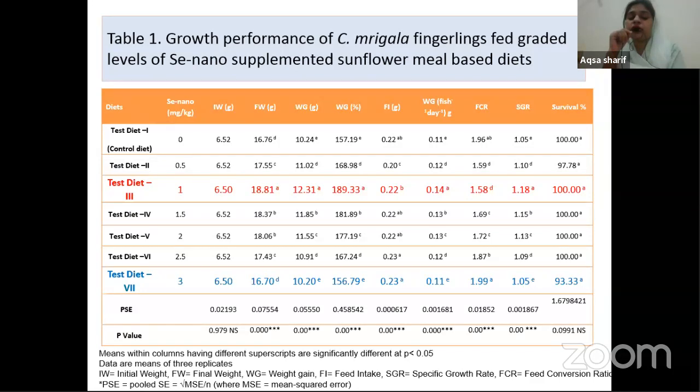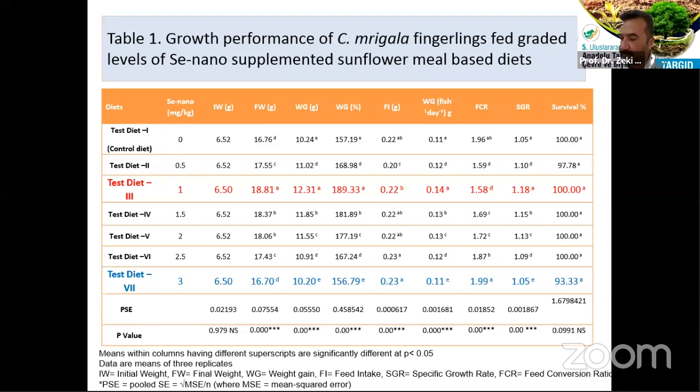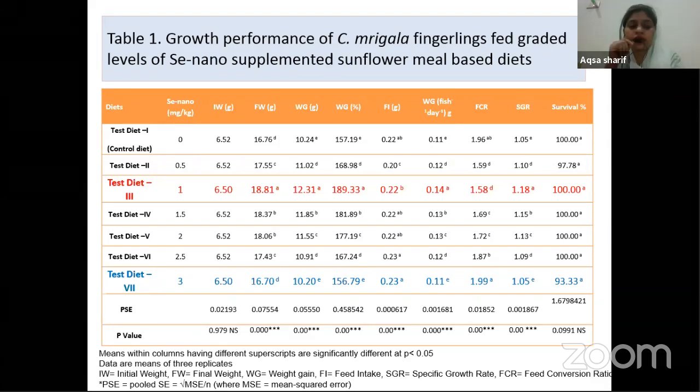And the second improved results were got by adding the test diet 7, having the, sorry sir, actually I want to say that the minimum level of the weight gain is the control level and the others are the graded levels of the nanoselenium particle.